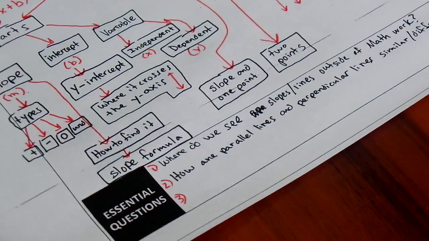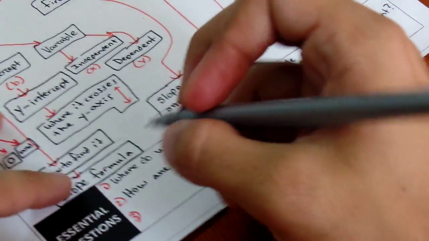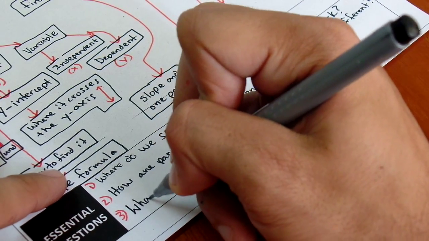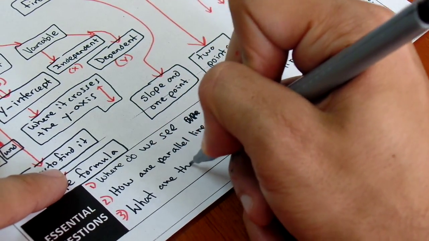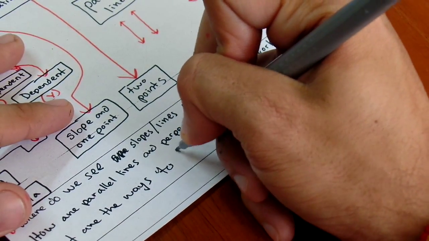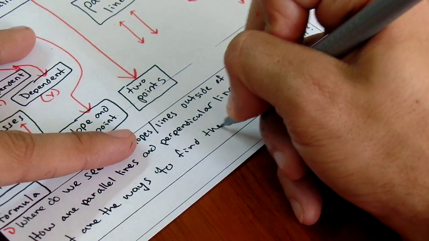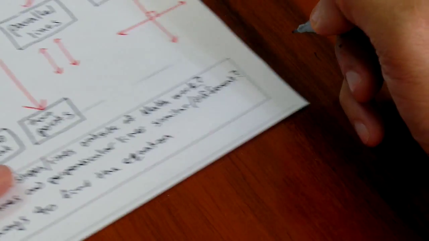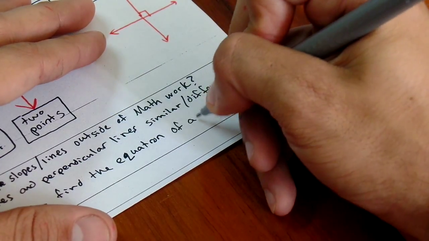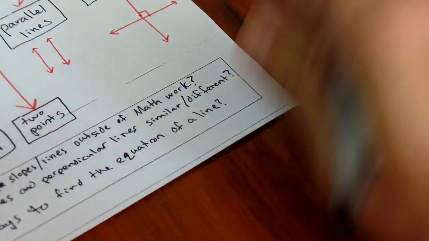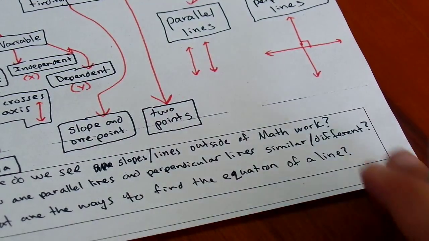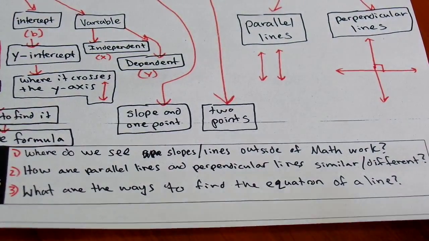And lastly, what are the ways to find the equation of a line? You know the information necessary here, but I want to know how do we use that information.